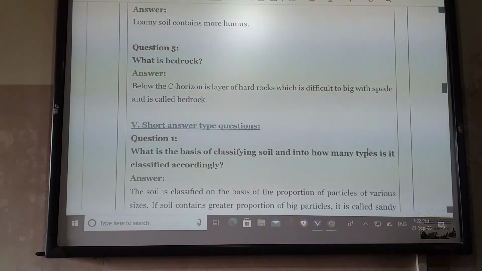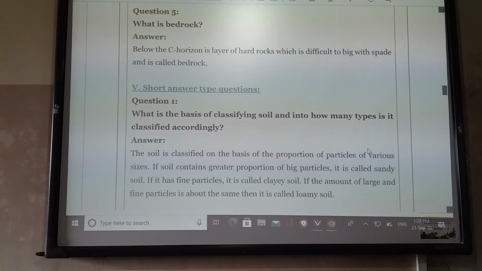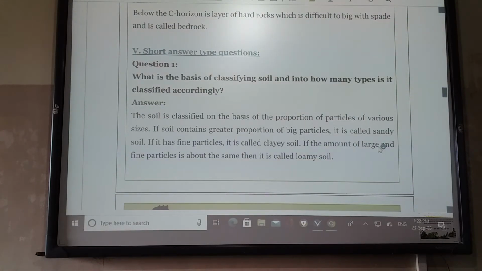Soil is classified on the basis of the proportion of particles of various sizes. Some are very big particles, some are very small. If soil contains a greater proportion of big particles, it is called sandy soil. If it has fine particles, it is called clay soil.